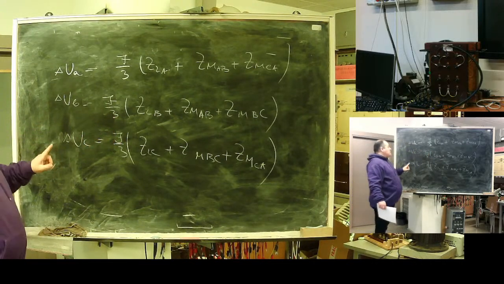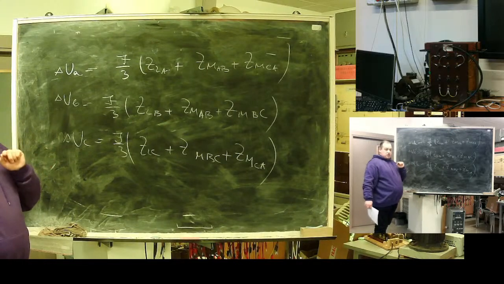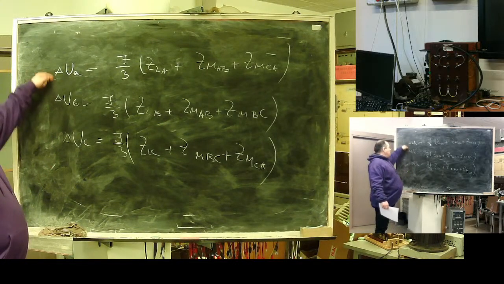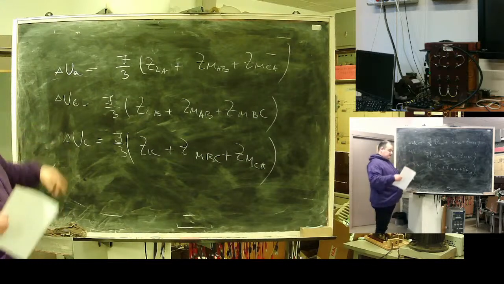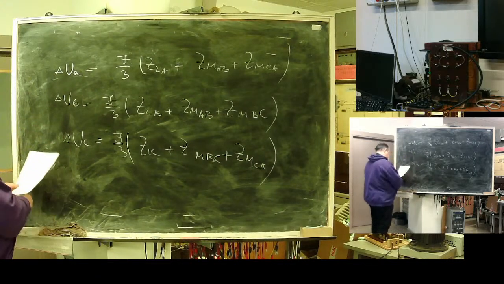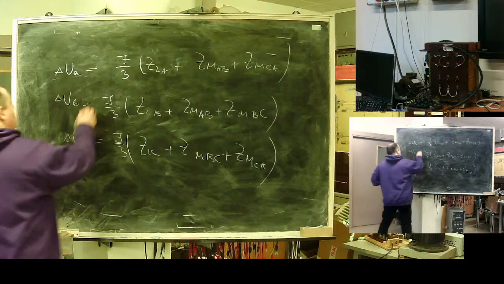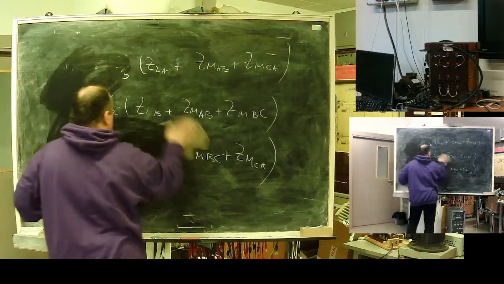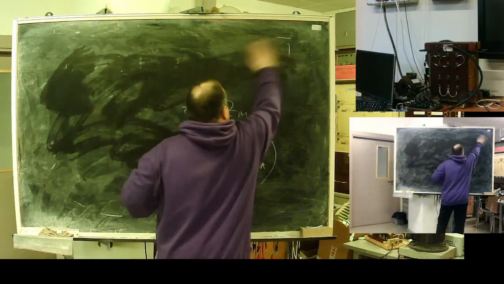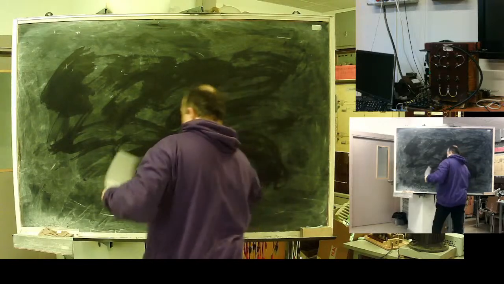If we assume full transposition circle, full symmetry, I need to sum all this for each phase. Meaning what?